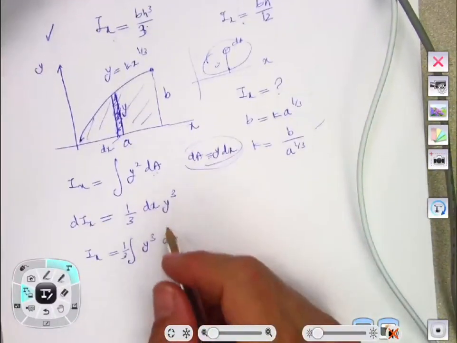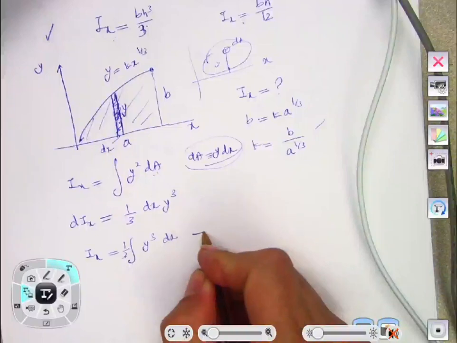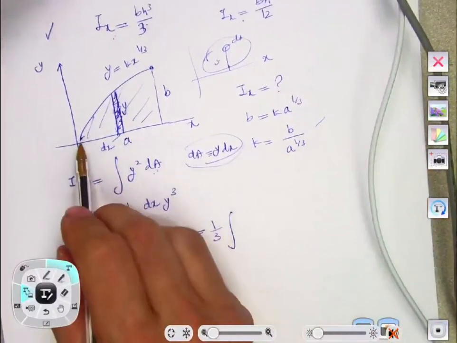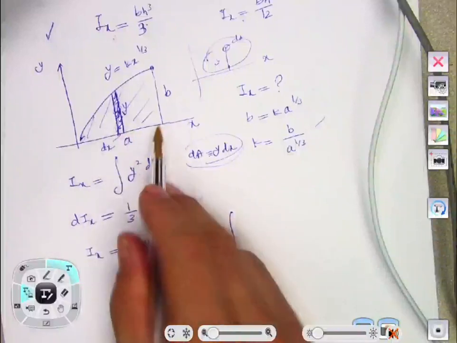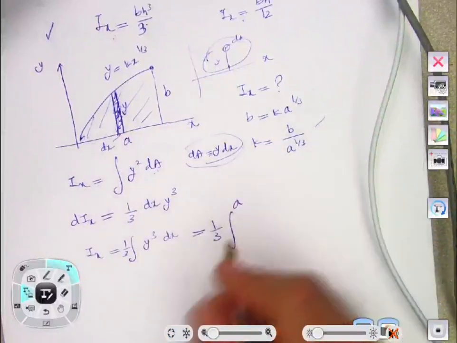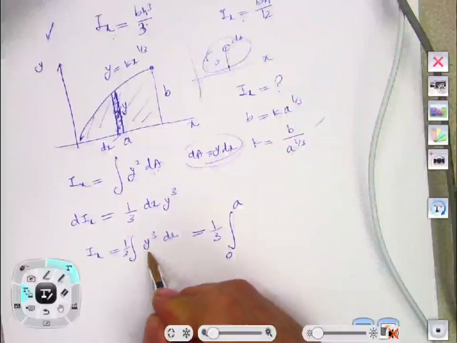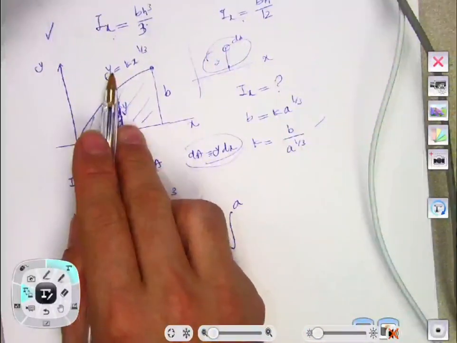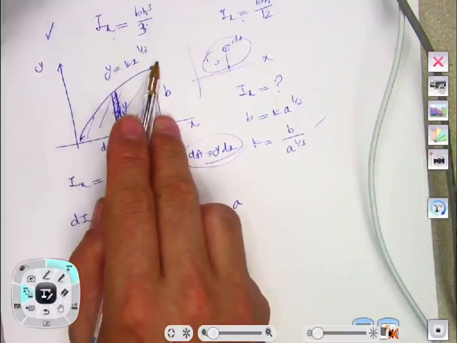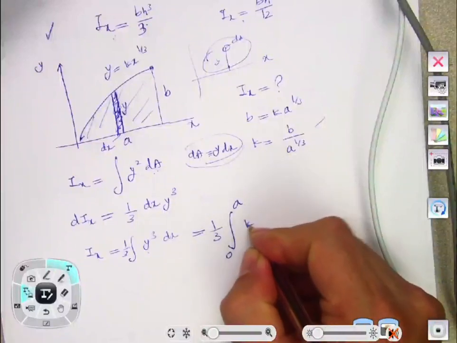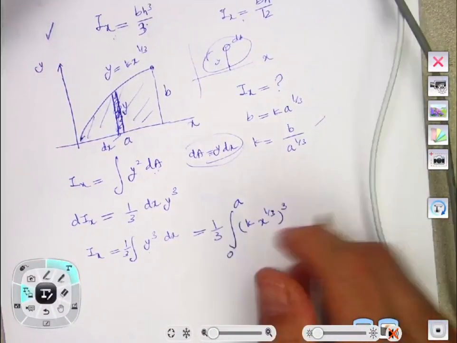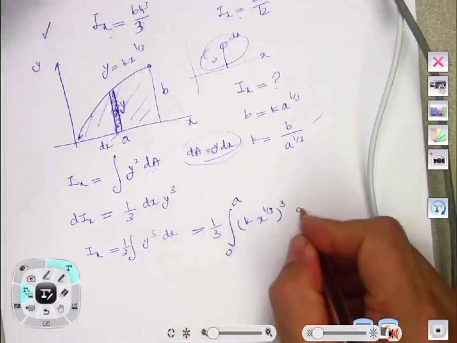For this integral, the range is important. The range of x is from 0 to a. My y is cubed, so look at our function: if I cube y, on the other side I'm going to have k cubed times x to the sixth. Let me write it. This is what I get, dx.